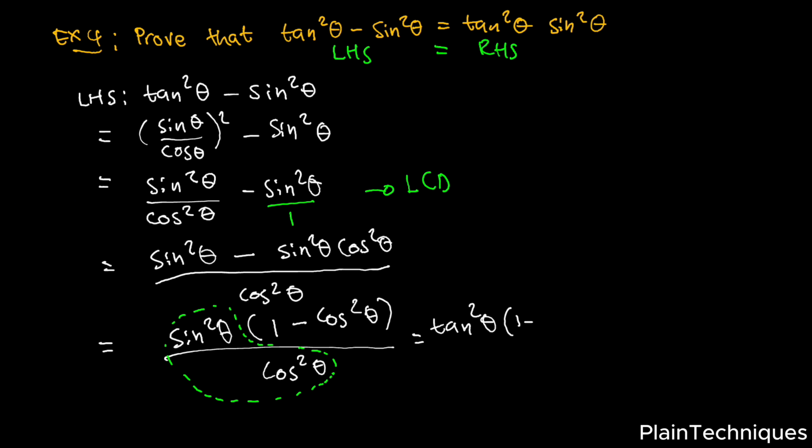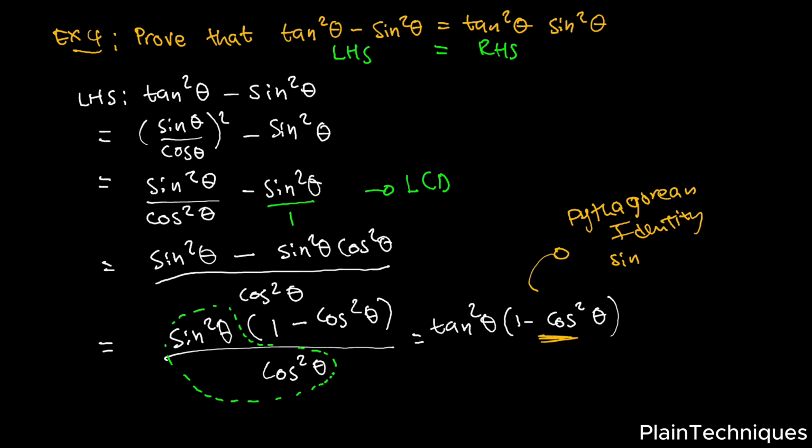All right, therefore you are left with 1 minus cos squared theta, right? Remember the Pythagorean identity. So this is sine squared theta, which is 1 minus cos squared theta.